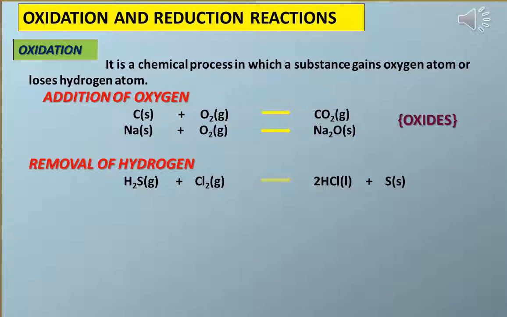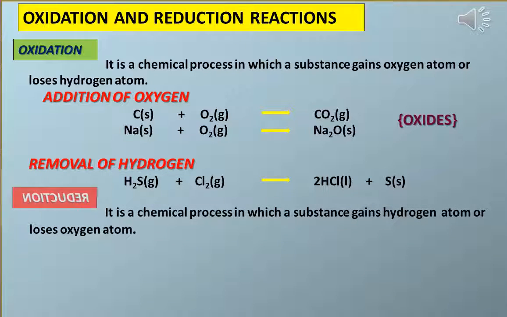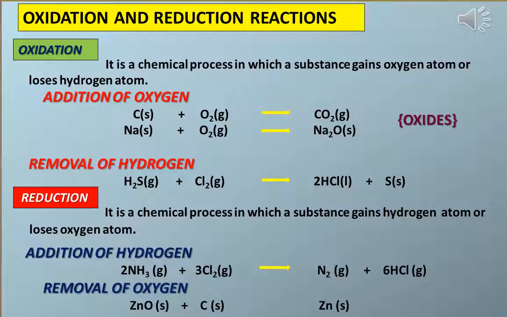Similarly, for the removal of hydrogen, H2S gas is oxidized to S atom. Reduction is a chemical process in which a substance gains hydrogen atoms or loses oxygen atoms. For example, chlorine gets reduced to HCl by gain of H atom, and ZnO is reduced to Zn by removal of O atom.